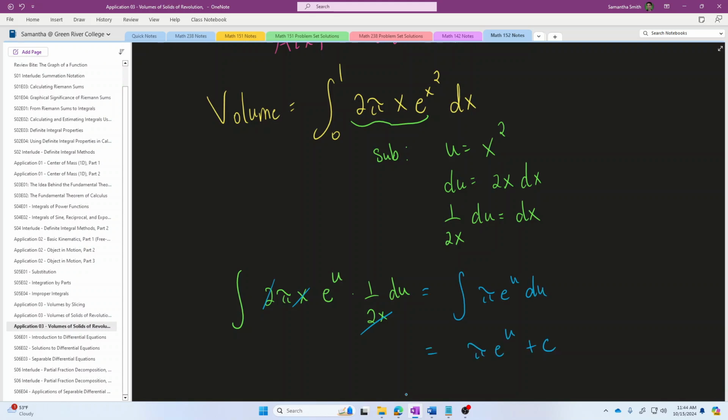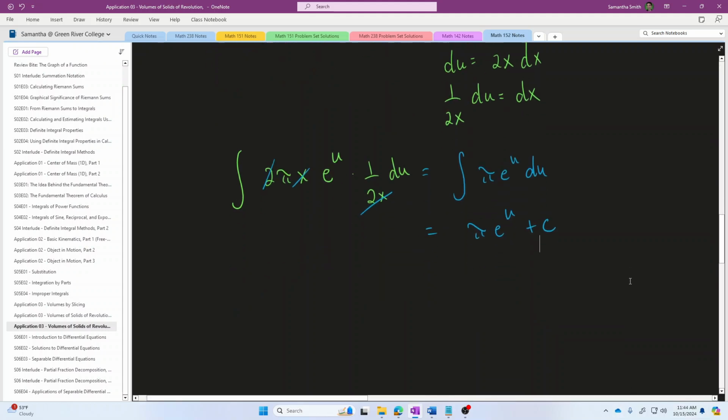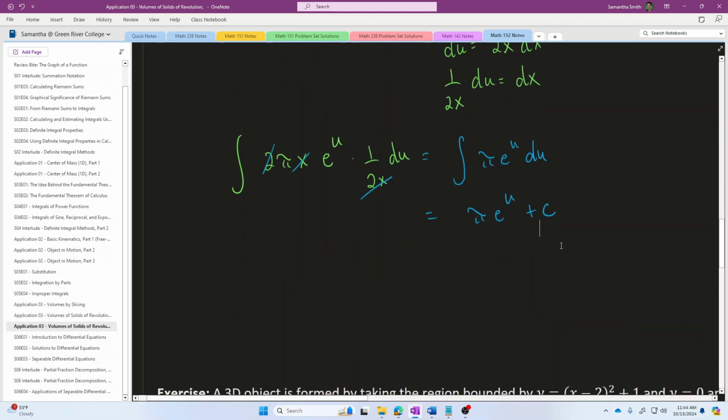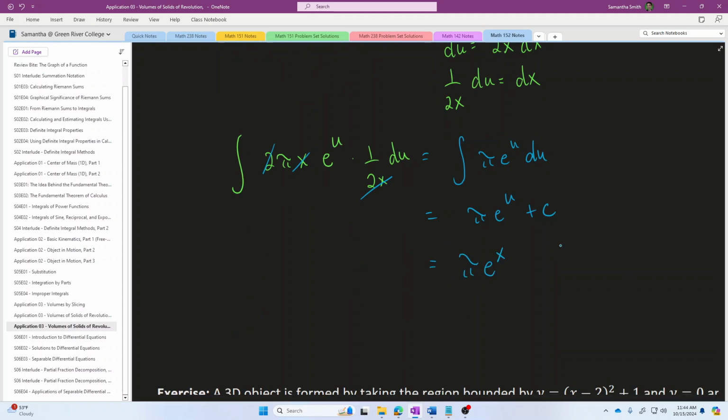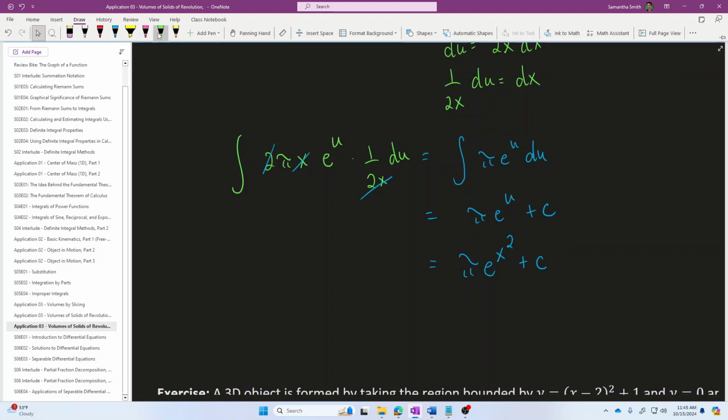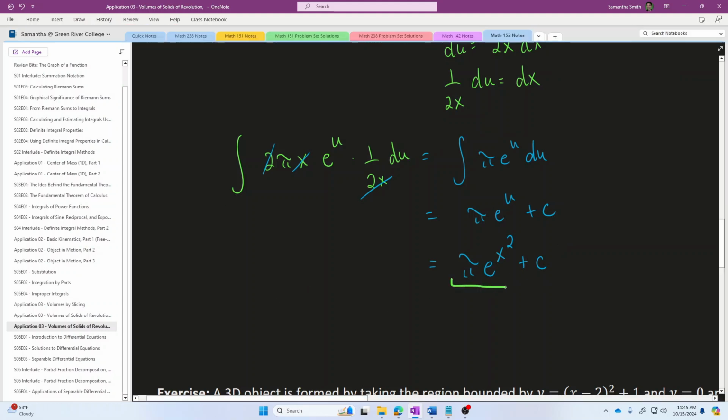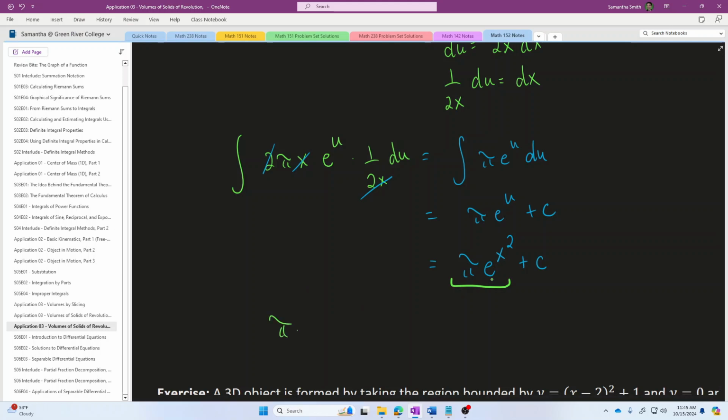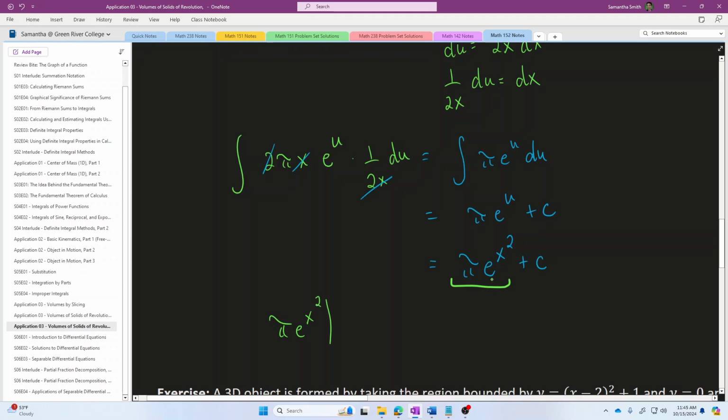Now the antiderivative of e to the u times a constant is just e to the u again. And if I put back the original meaning of u into this position, I get pi e to the x squared plus c. And from that indefinite integral, I can use this one particular antiderivative to help me to find the definite integral that I am looking for.